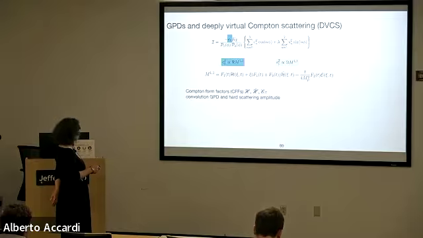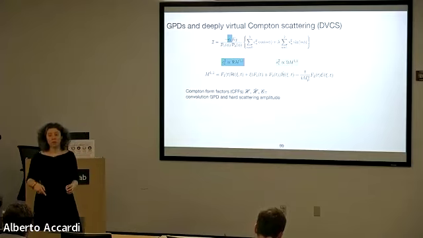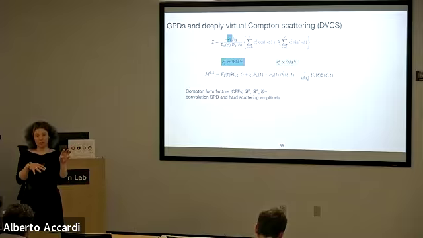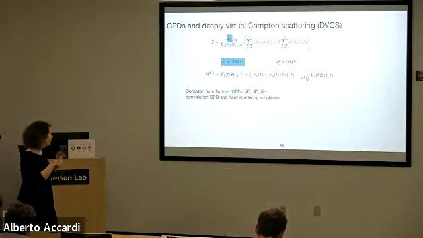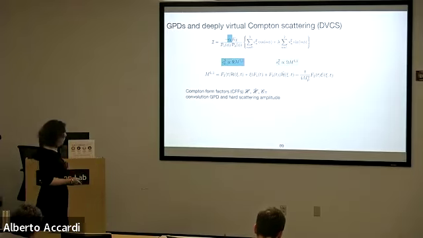For example, if we concentrate on this C1 coefficient and the S1 coefficient, they both give us access to some amplitude called here M11. And this amplitude itself consists of contributions from different Compton form factors. These Compton form factors are convolutions of your hard scattering, between your electron and your quark, and your GPDs. And in this convolution appears this X, but you cannot access it directly. So that makes this extraction of the GPDs very complex.